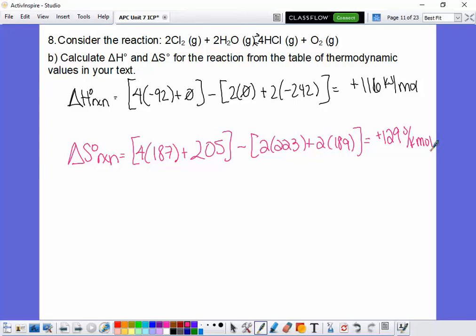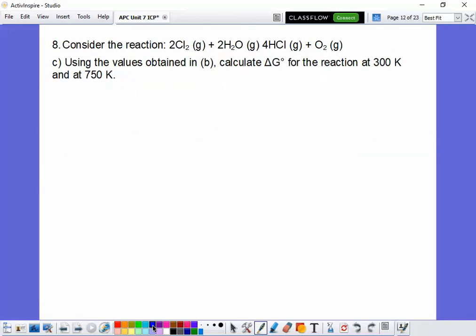Can we do C? All right, so for C, we're using the values obtained in B, calculate delta G for the reaction at 300 Kelvin and at 750 Kelvin. What equation are we going to use that uses the stuff we calculated in B? The going home to supper equation.